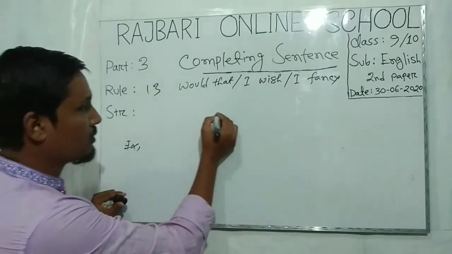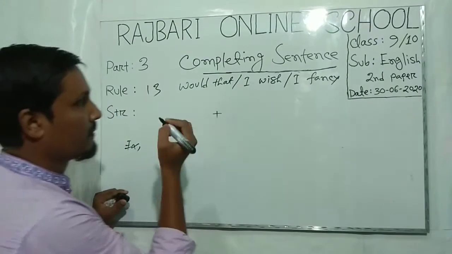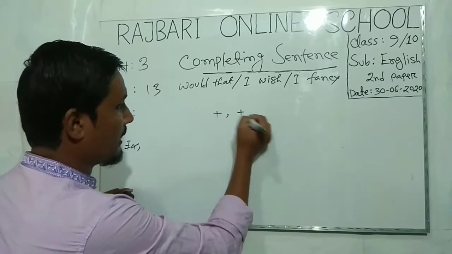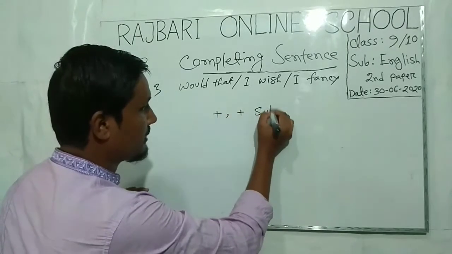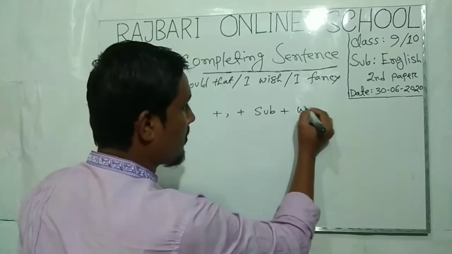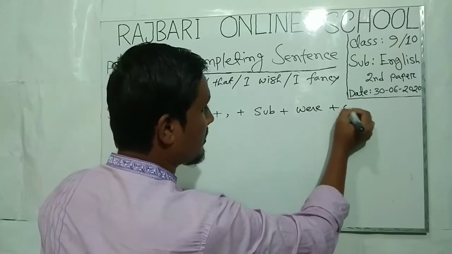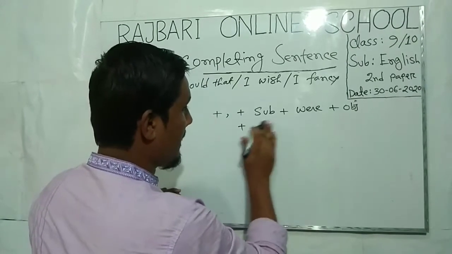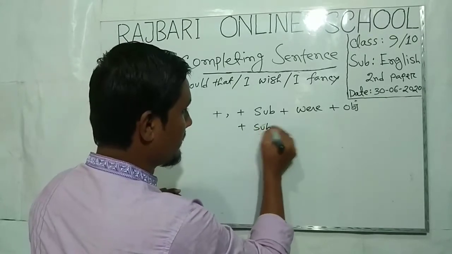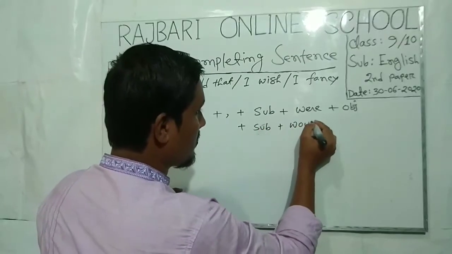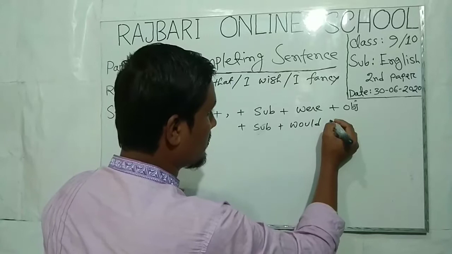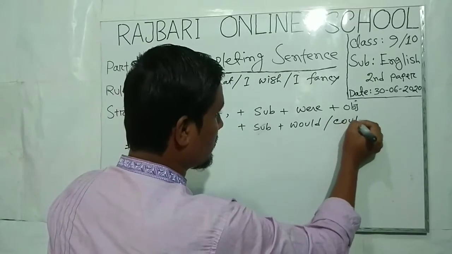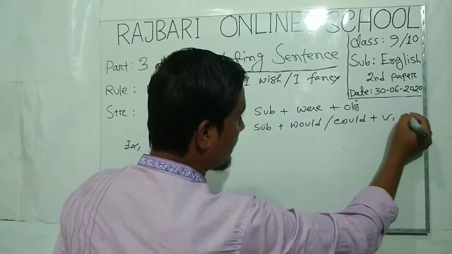Then you have to do subject plus comma plus subject plus were plus object, or subject plus would plus verb 1 plus object.